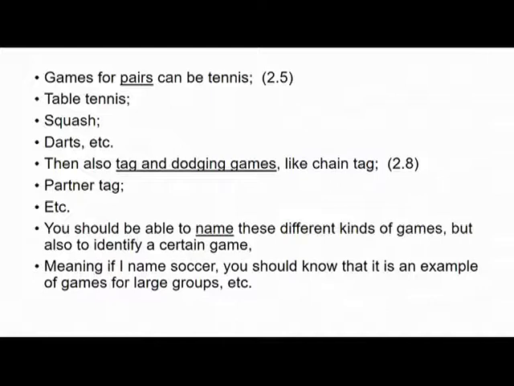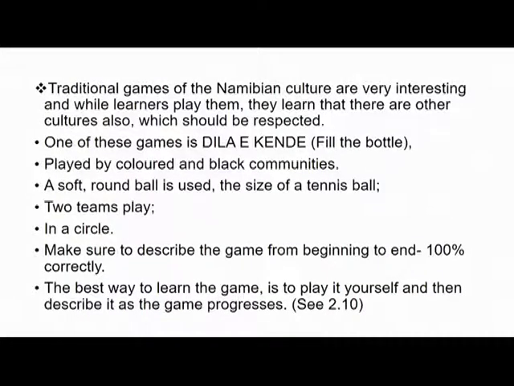Games for pairs can be tennis, table tennis, squash, darts, as set out in 2.5, and then also tag and dodging games like chain tag, partner tag, etc. in 2.8. You should be able to name these different kinds of games, but also to identify a certain game. Meaning if I name soccer, you should know that it is an example of games for large groups, etc.